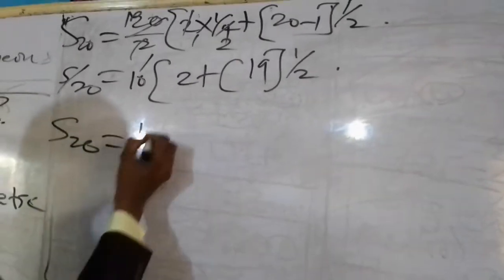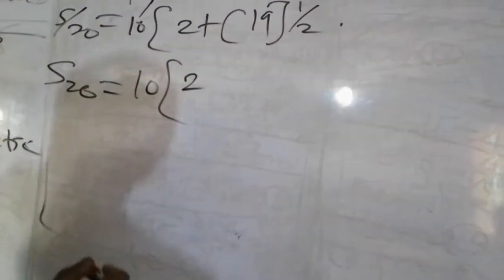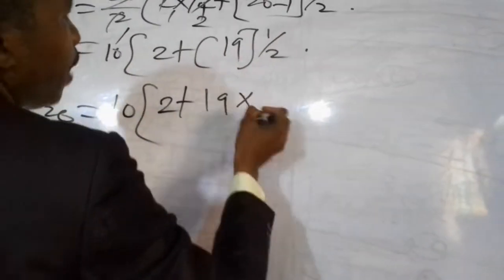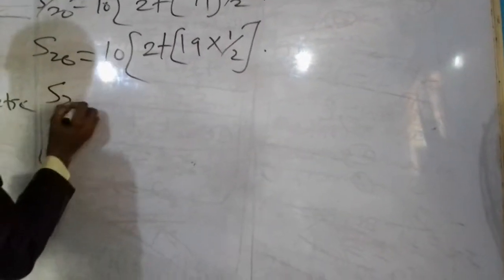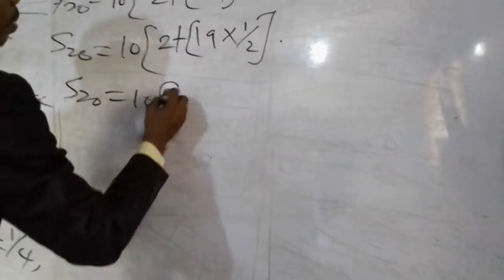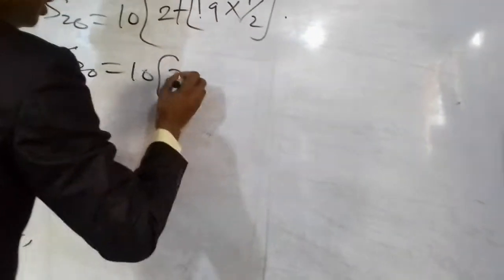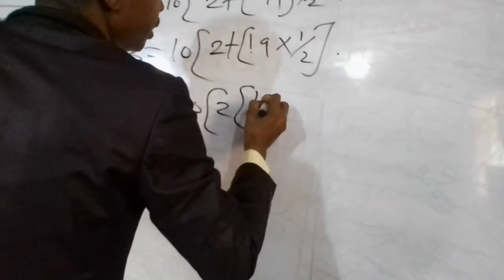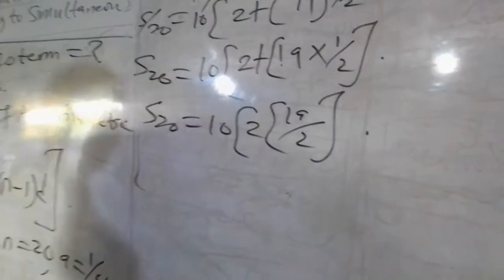Isn't it? The sum of the 20 terms will now be equal to 10 into bracket, that is 2 plus 19 multiplied by 1 over 2. We are multiplying. That is S20 equals 10 into bracket 2, 19 times 1, that is 19 all over 2.